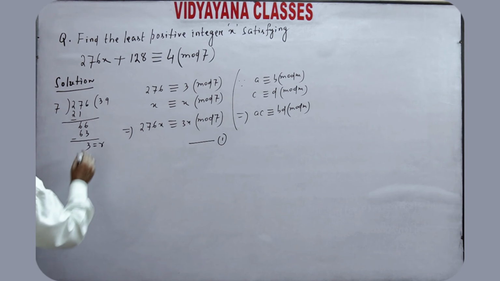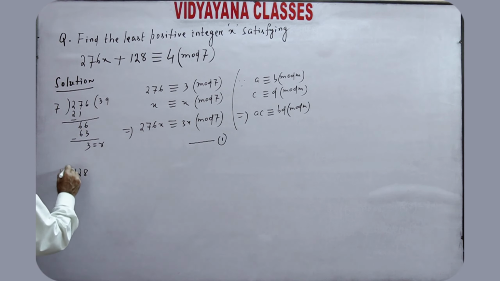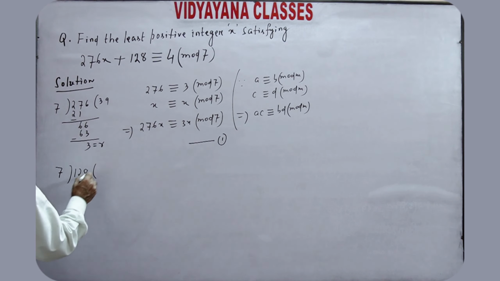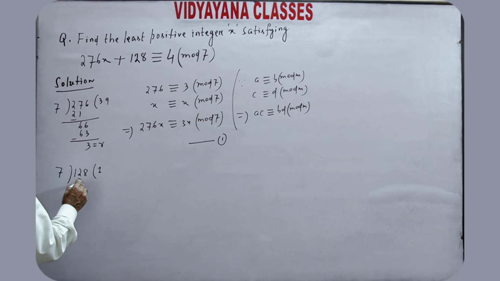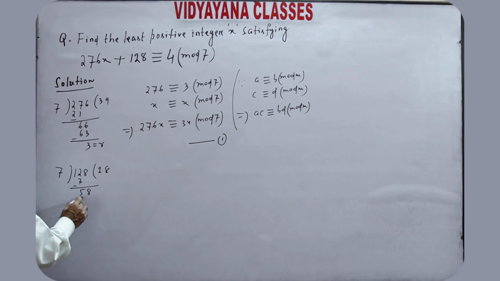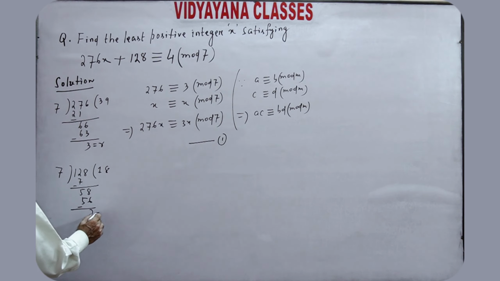Again, 128 is divided by 7. 7 times 18 is 126, so the remainder is 2.